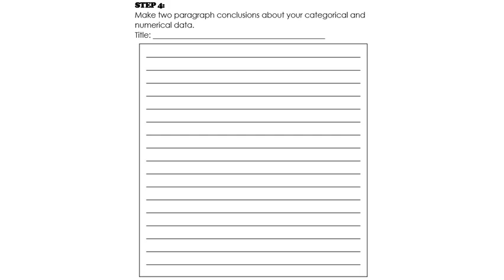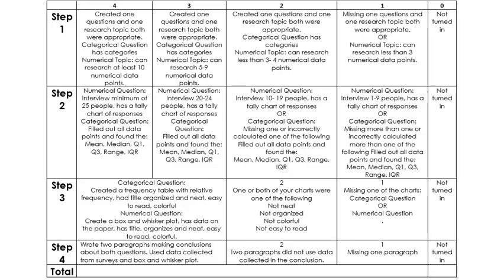And then step 4, you're going to make a 2-paragraph conclusion about your categorical and your numerical data. So the last 2 pages are spaces for you to write those 2 paragraphs. And you need to make sure that you are thorough and complete in that. And again, just want to reiterate, you have your rubric that you can look at.